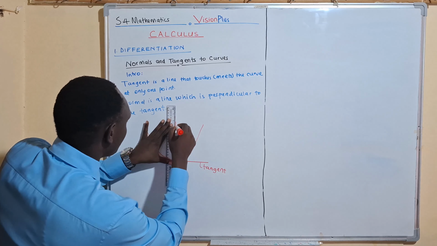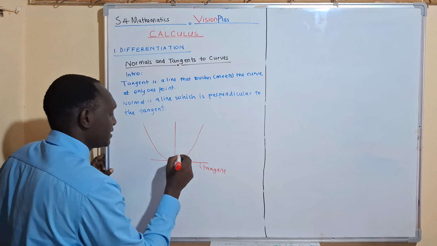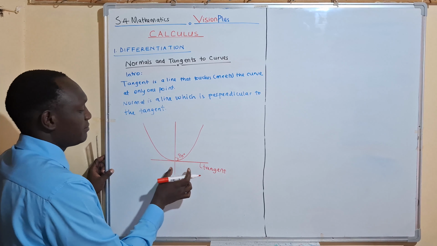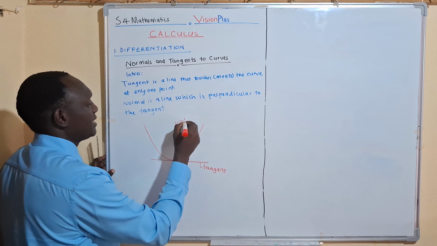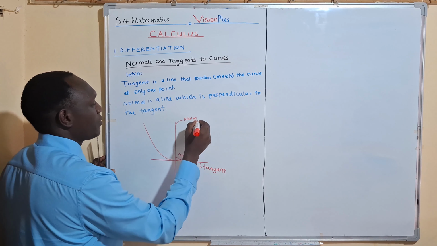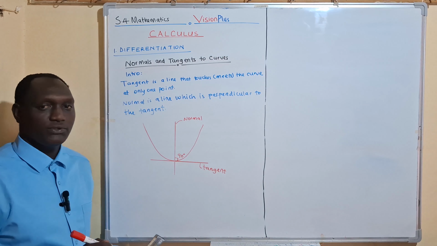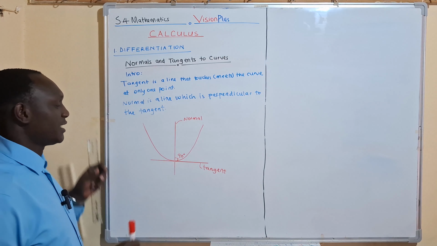I'm not drawing to scale. This is 90 degrees. So a line that makes an angle of 90 degrees with the tangent is what we are calling the normal. Okay? So this is the definition of the two terms that we shall use here.